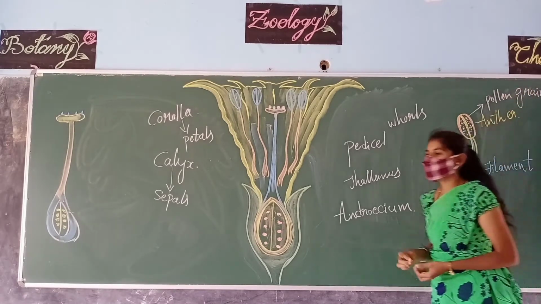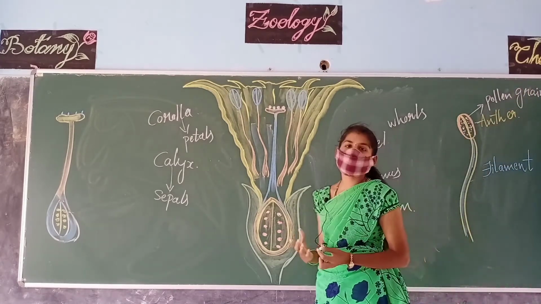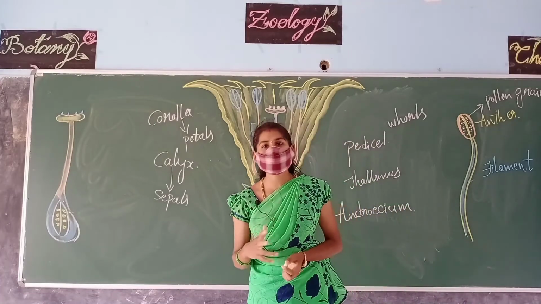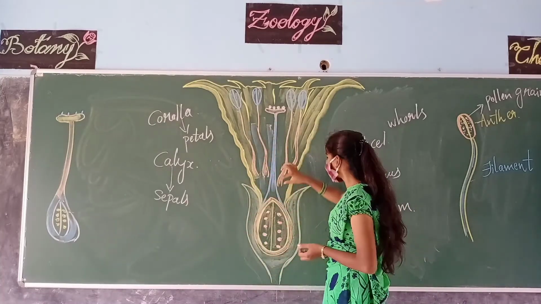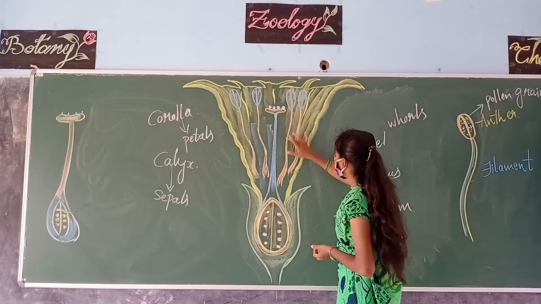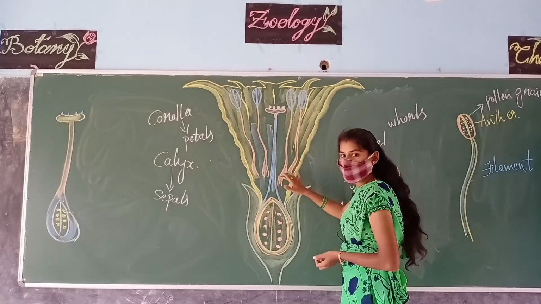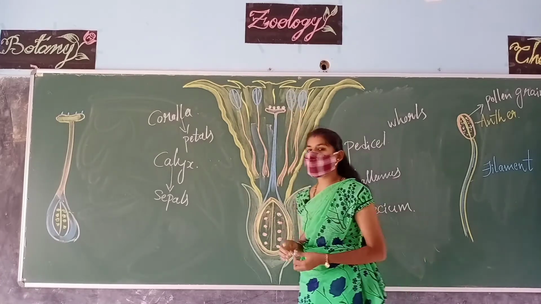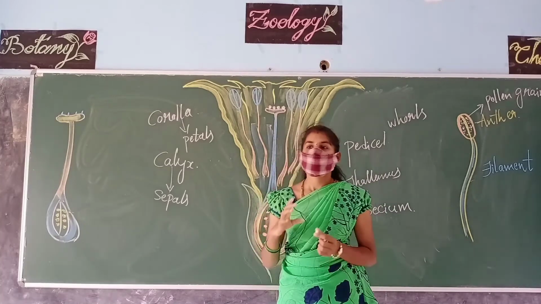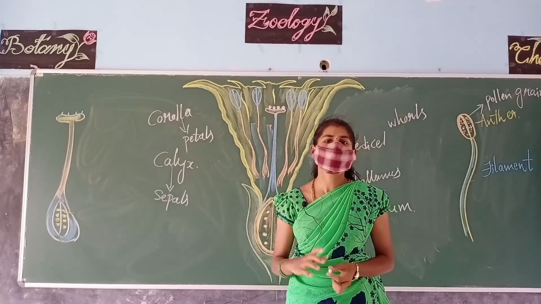So this is the male reproductive part, which is the third whorl present in a flower. You could see here, these are the androeciums. Okay, fine. Coming to the fourth whorl, which is known as the female reproductive organ of a flower.